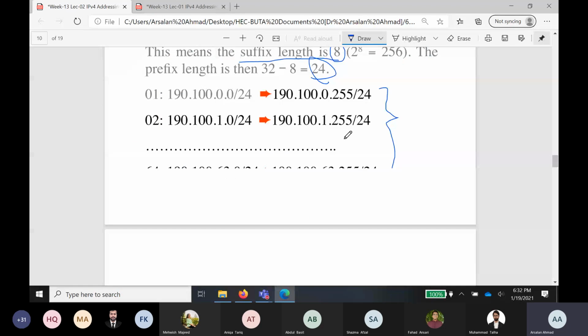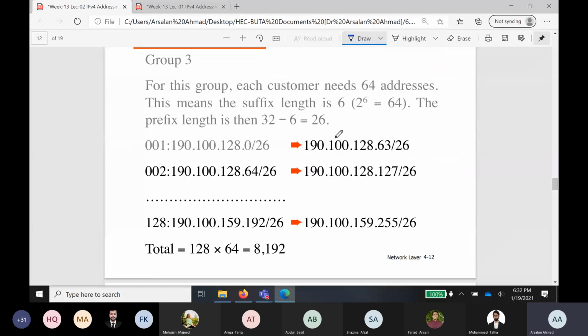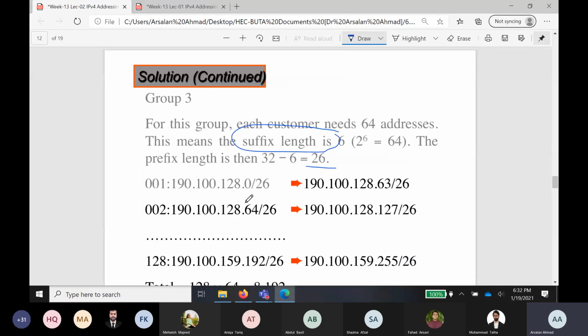And in this scenario, we will be requiring 6 bits of suffix, and the remaining 26 is the prefix. And now we will be accommodating four customers within one octet, because now we will be having a situation like this: 0 0, and then 6 bits, which can go from 0 0 0 0 0 0 up until 1 1 1 1 1 1.